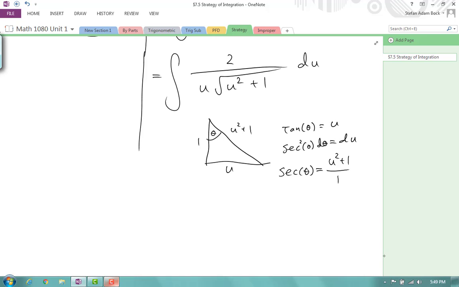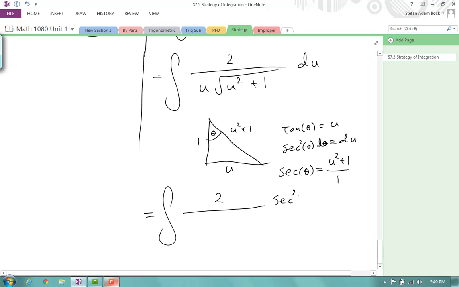So when I substitute everything, the 2 stays, the du turns into secant squared theta d theta, the u turns into a tangent of theta, and the square root of u squared plus 1, looks like I made a mistake here. Hypotenuse squared is the sum of the legs squared, so the secant is the square root. So I don't need a secant there, I need a secant here. Got to be careful with these things.